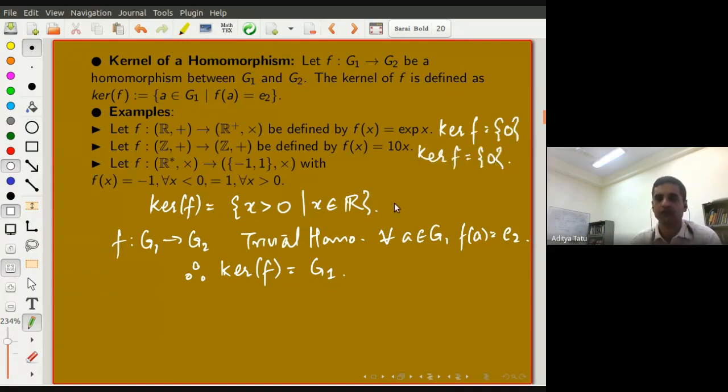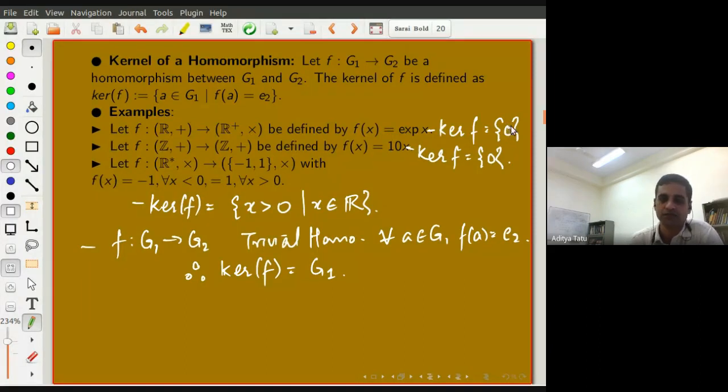So these examples are sort of all the kernels. Do you notice something special about all these subsets of group G1? So the first case, the kernel is just the identity element. Identity element, of course, we know is a trivial subgroup of any group for that matter.